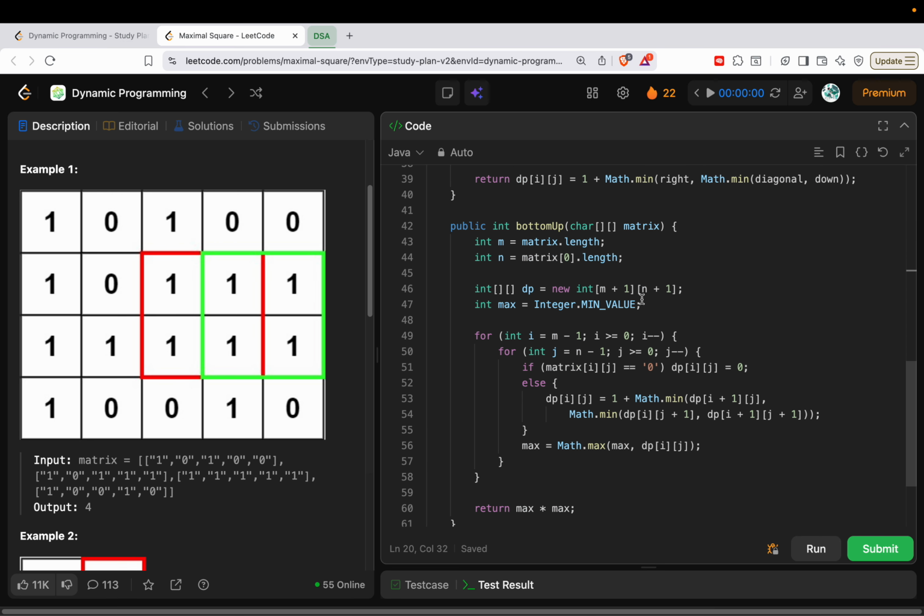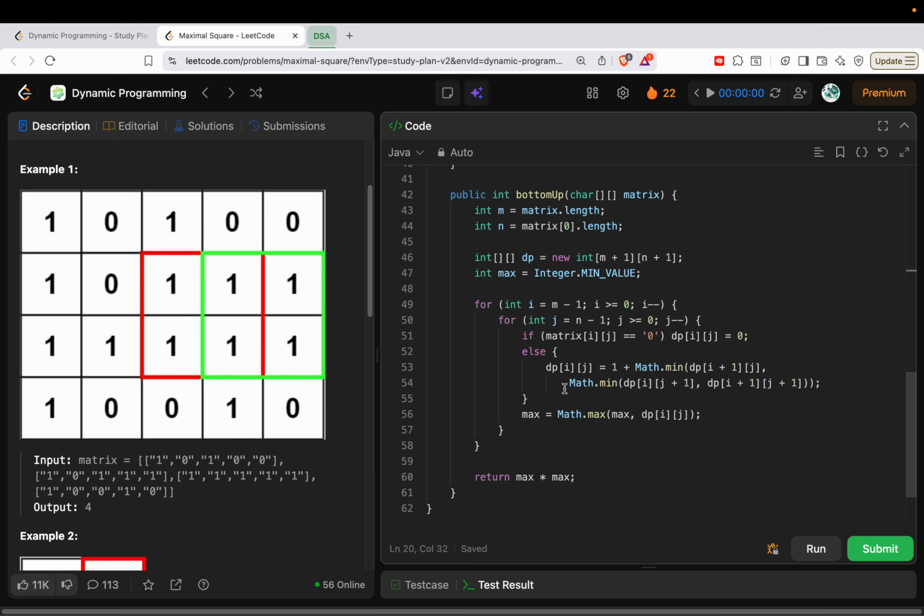Let's also try to implement it in the bottom up fashion. Okay, in the bottom up fashion, we will be starting from the bottom right corner and then filling the values in the backward direction. First we will be filling the values in the m-1 row and then m-2 row, and so on and so forth. Again, in each row we will be filling the values in the backward direction, which will be n-1 column, n-2, and so on and so forth.